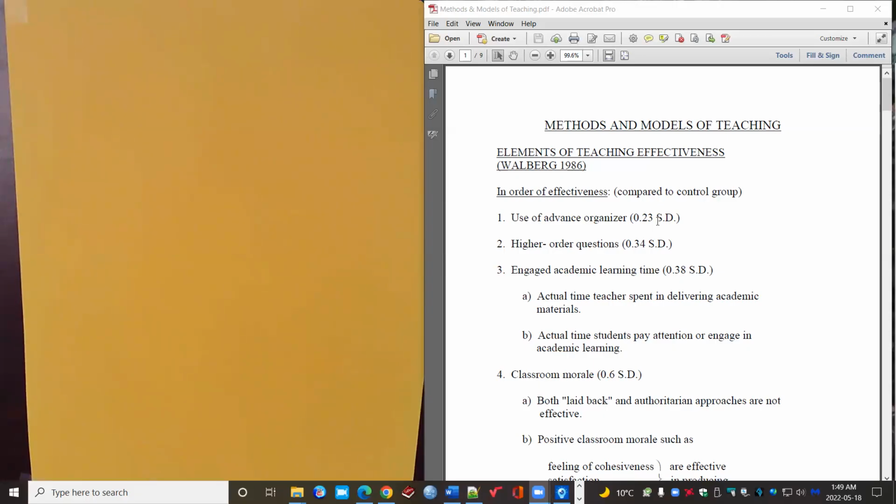Now you may ask, Peter, how large is say 0.23 standard deviation? I promised the class before that I'm not going to delve into statistics or mathematics. So you will have to trust me, okay? I could have spent 2 hours on standard deviations if you could tolerate that.